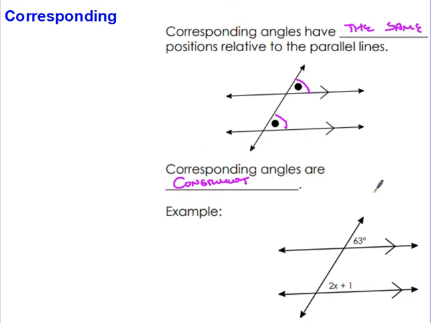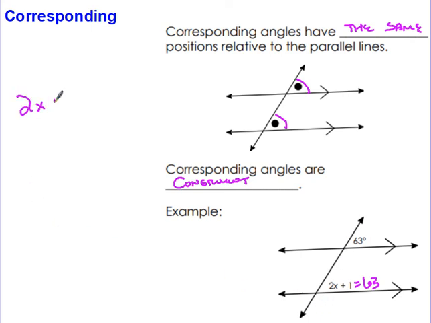Another example of this would be if I know that this angle is 63 degrees, and I know this angle is 2x plus 1, well, that means this angle is also 63 degrees. So to find x, I know x has to make this equal to 63. There's my equation right here. I have to figure out, are these equal or are these supplementary? If they're equal to each other, let's set them equal to each other.